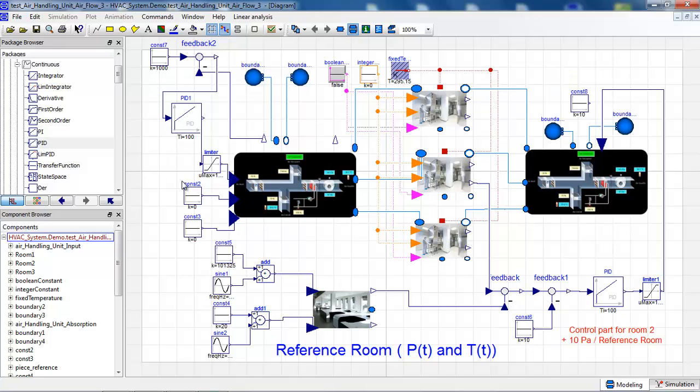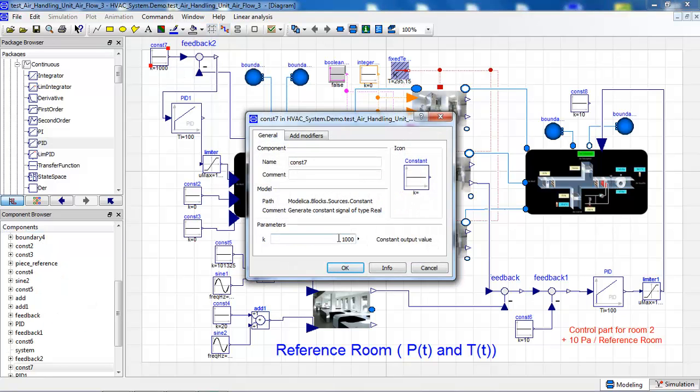So the first part for me will be to control the flow inside the air handling unit input, and the flow will have to be a constant value of 1000 meter cube by hour.